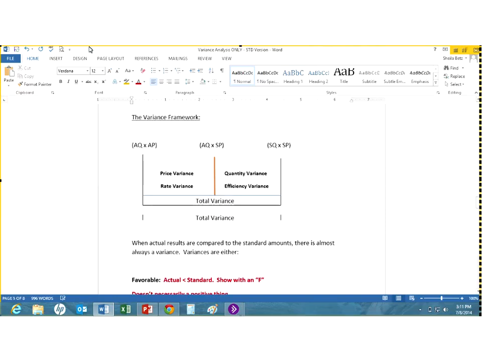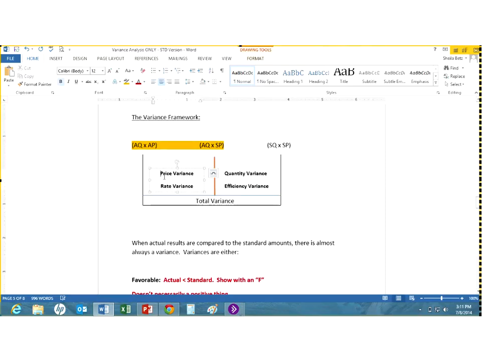So now let's look at this a little bit differently. Here's another way to look at the variances. If you're thinking, great, I have to memorize 4 formulas, not necessarily. Basically, these 2 formulas will give you the price variance and the rate variance.